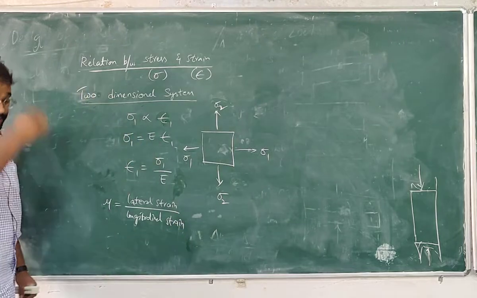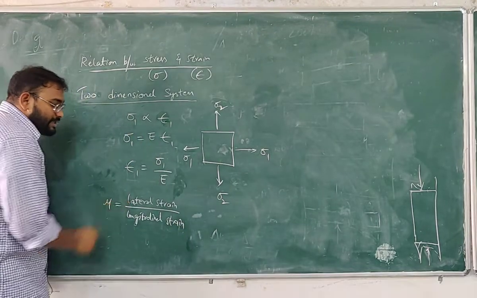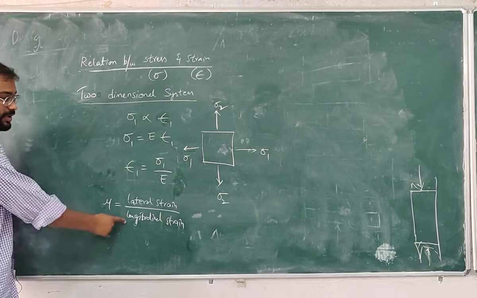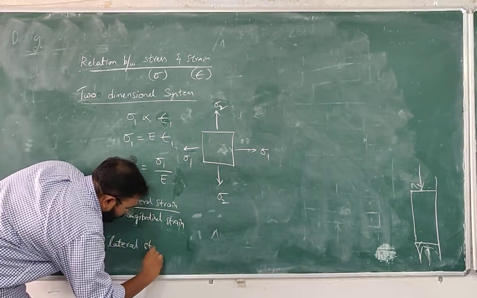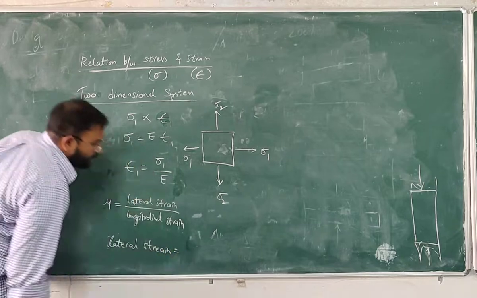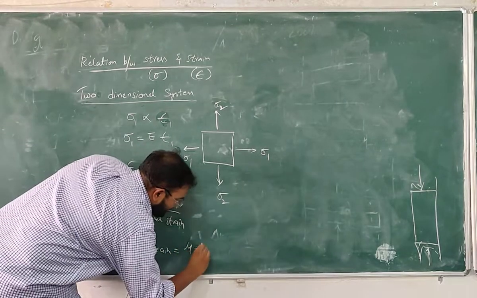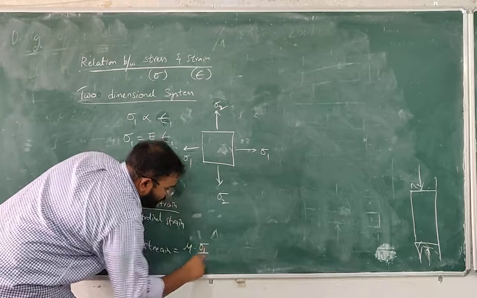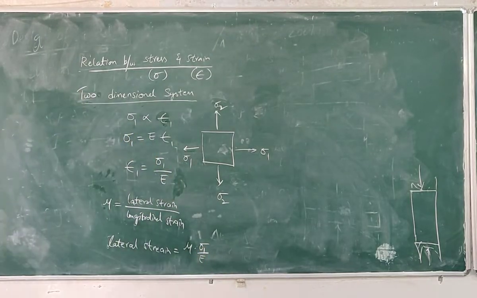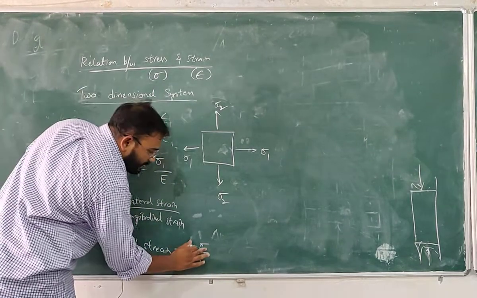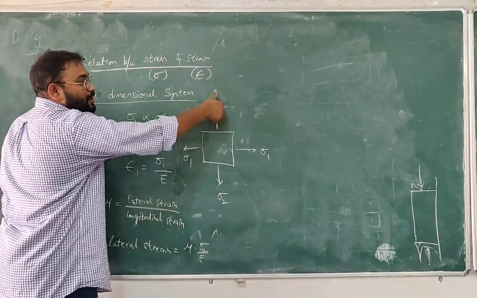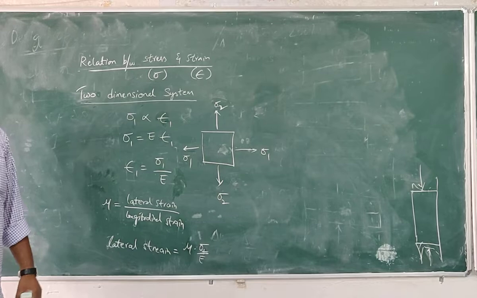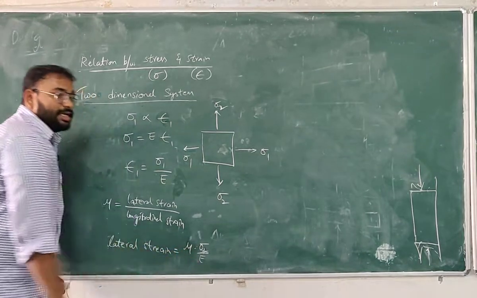Okay, you have this relation. Now you want lateral strain, you have longitudinal strain. Substitute in this formula. Lateral strain is equal to mu times sigma 1 by E. Able to understand? But you need not write sigma 1 here, you should write sigma 2. Why? Because lateral strain is occurring because of sigma 2, not because of sigma 1. So sigma 2 by E.